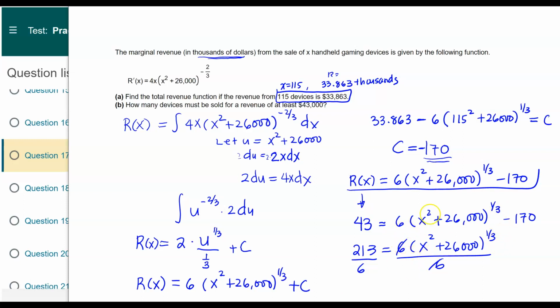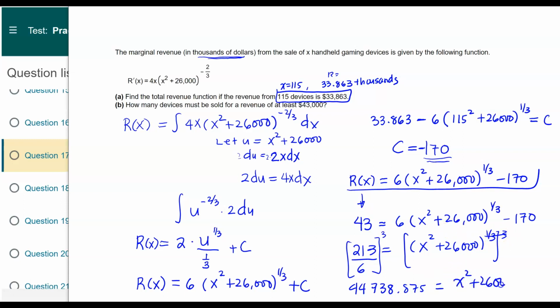After you cancel that 6, you have this expression here. Then I'll raise both sides to 3, so you will have that quadratic expression. Let me simplify this using a calculator. All right, and this is what I got, 44738.875, and that is just equal to x squared plus 26,000.